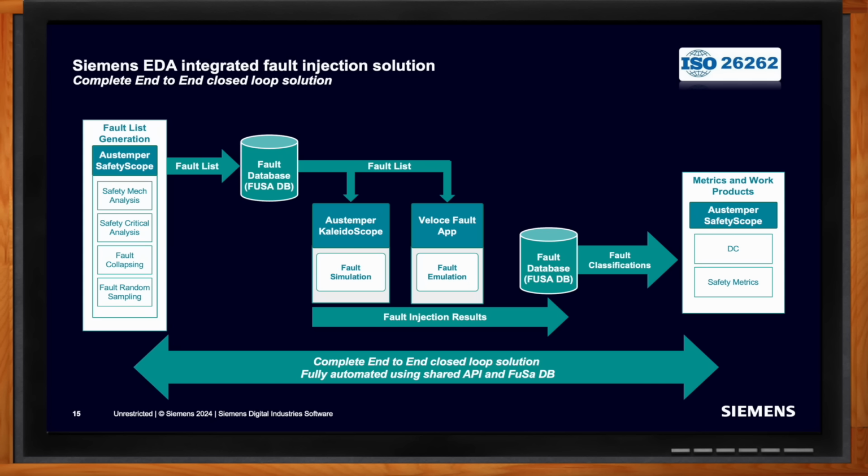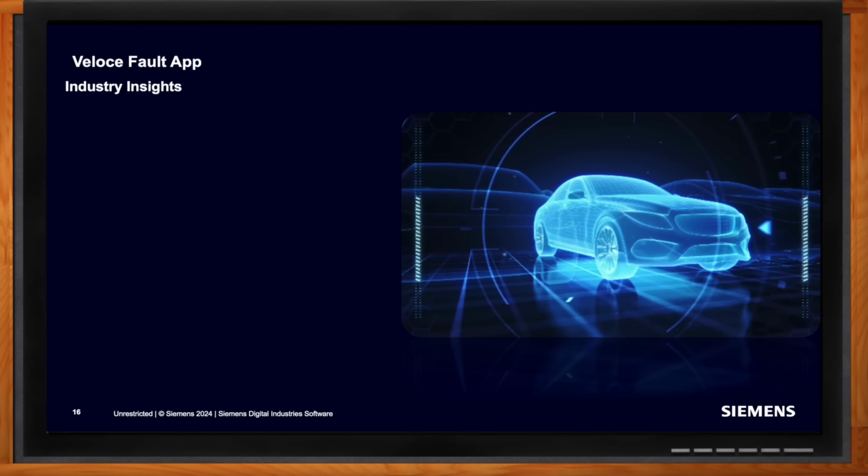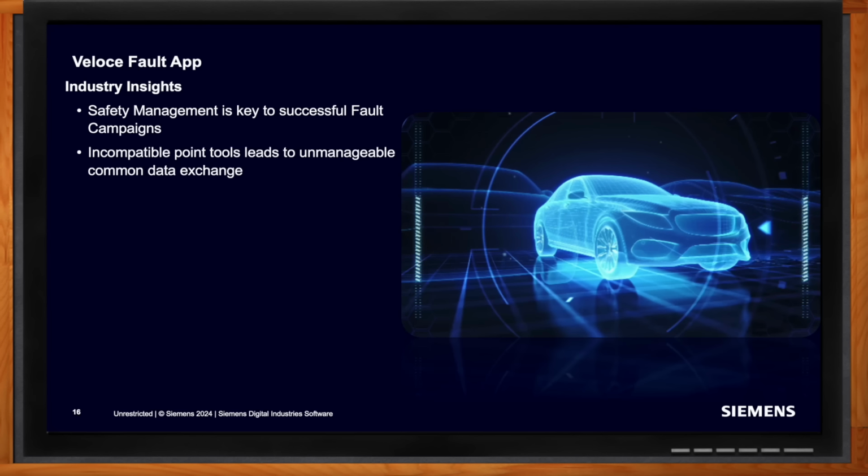Okay, so give me some details about the Veloce Fault app. What benefit does this app bring to automotive IC design? What we've seen in the past is that at the end of the day, all of your workflow has to be certified, right? It has to be documented and certified to get your 26262 certification. So, what we found is that you have lots of various point tools to do lots of various jobs along the way, but there's really no safety manager.